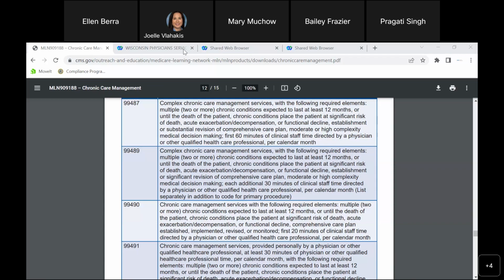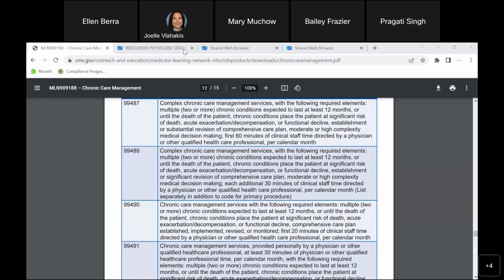Did I understand you correctly, Dr. Vlahakis? I think the best way to think about this is that if your clinical staff is executing the plan that required high-level complex medical decision-making, for example, a patient who has been discharged from the hospital, that could qualify a patient who requires frequent visits.